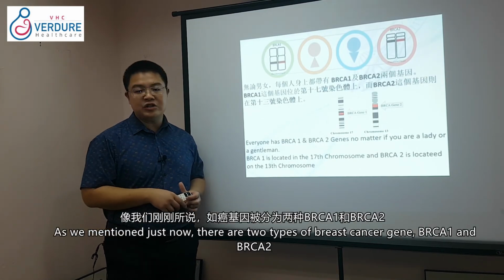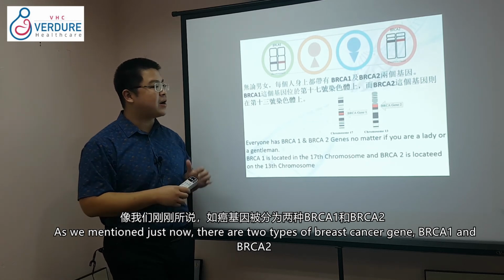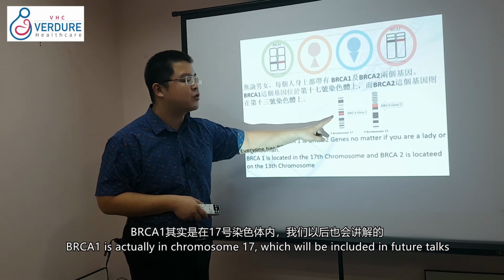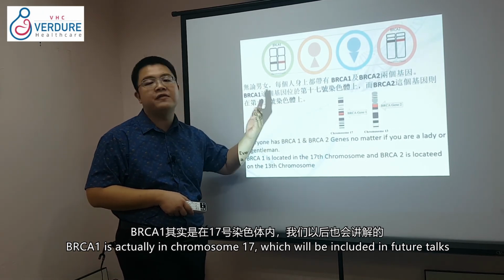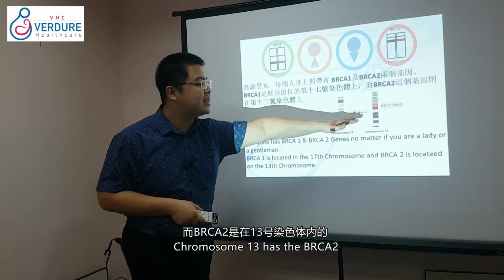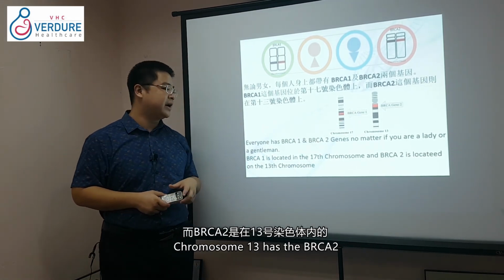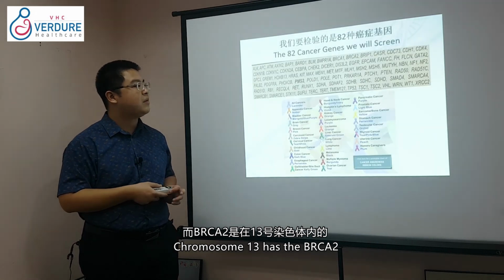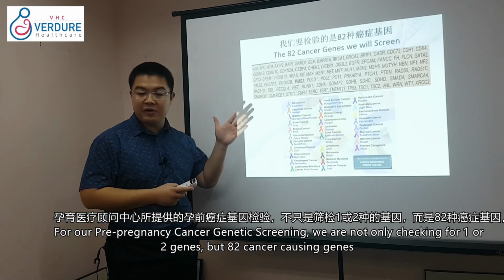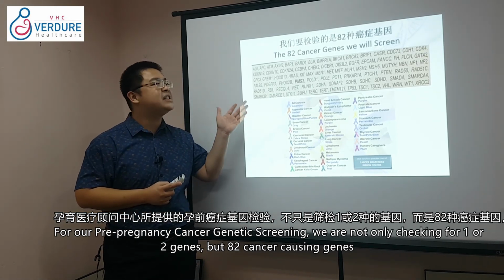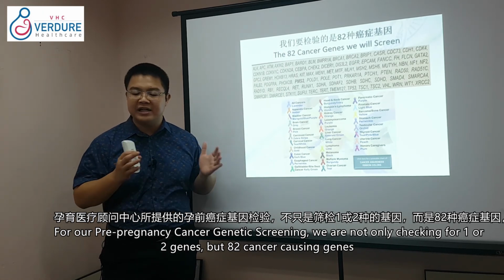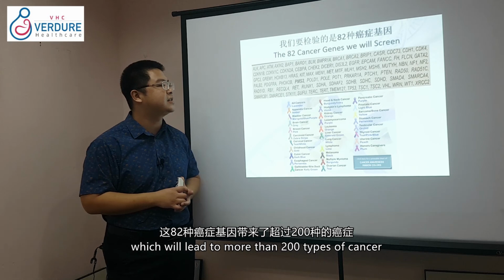As we mentioned just now, for breast cancer, there are two genes, BRCA1 and BRCA2. BRCA1 is in chromosome 17, which will involve a talk in the later lectures, and chromosome 13 is BRCA2. For our pre-pregnancy cancer screening, we will not just screen for the 1 and 2 genes, but 82 cancer-causing genes, which relate to more than 200 types of cancer.